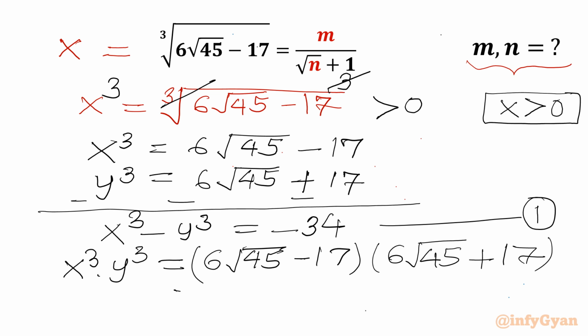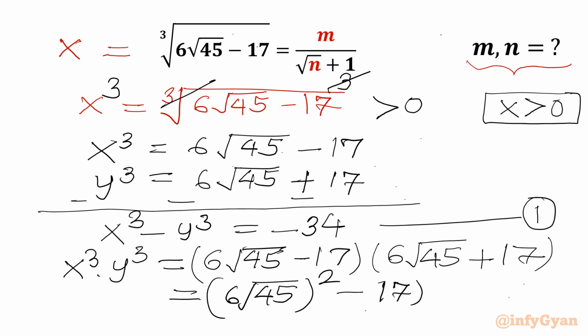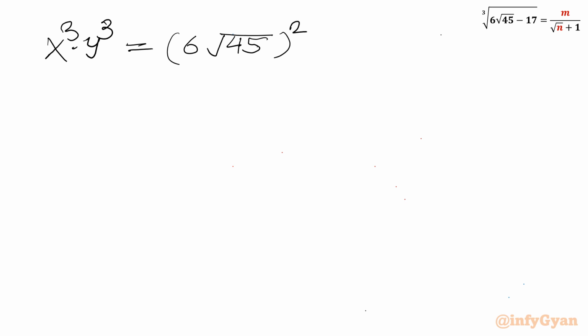So I can write directly 6 square root 45 whole square minus 17 whole square. So I will write here x cube times y cube, 6 square root 45 whole square minus 17 whole square.